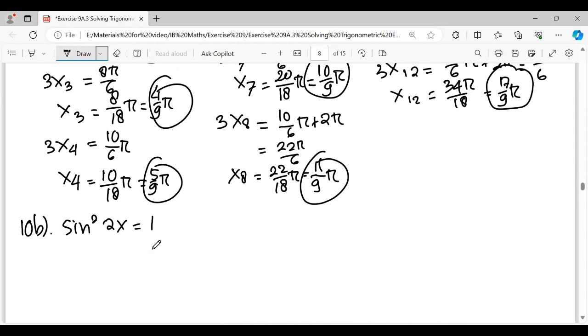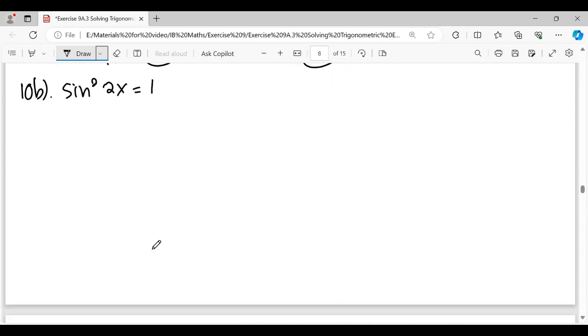We may simplify this equation: sine 2x equals the square root of 1, so sine 2x equals positive and negative 1.